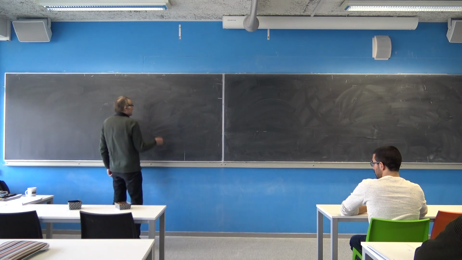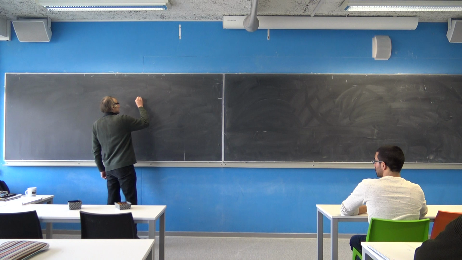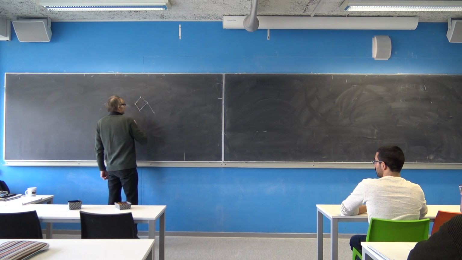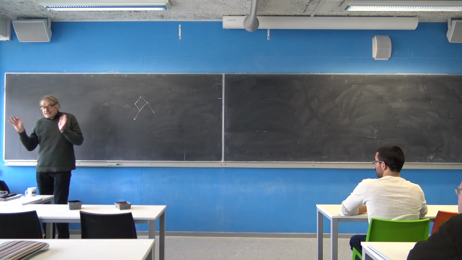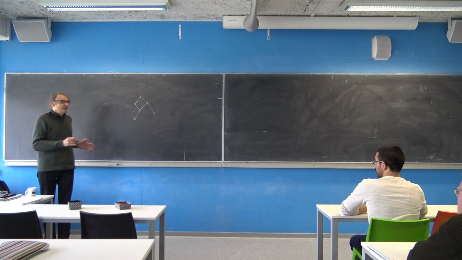So graphical models are models which look like this. So that's a graph. And there are two main families of graphical models.